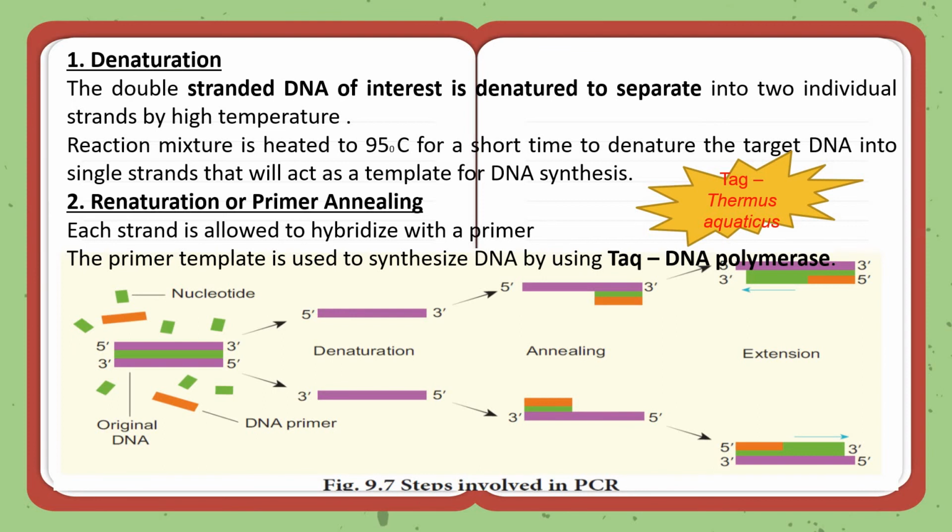Protein, when heated to 95 degrees Celsius, definitely denatures. But we have a specific DNA polymerase from the bacterium called Thermus aquaticus, so that can withstand 95 degrees Celsius.